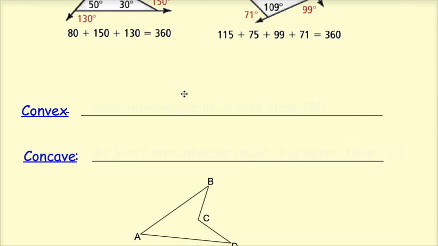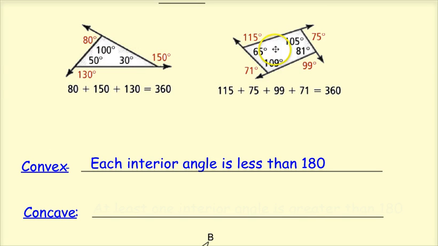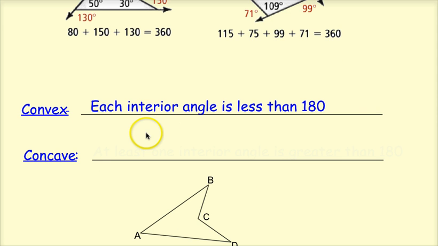Then we just have two definitions. Convex. If I have a convex figure, each interior angle is less than 180 degrees. So each of these figures up here is convex. All of these interior angles are less than 180 degrees. And the last word for today is concave.